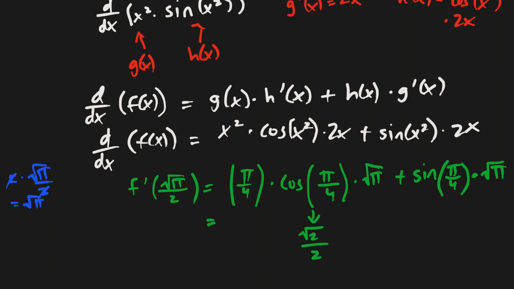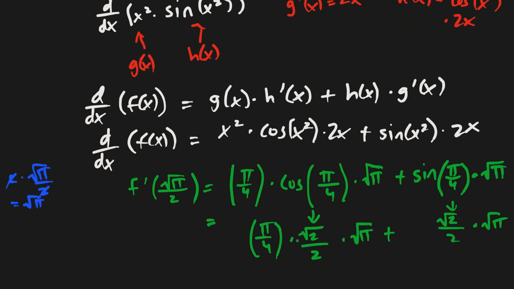So this right over here is also equivalent to the square root of 2 over 2. So that's what we have. We still have that pi over 4, and then times this times the square root of pi plus this stuff times the square root of pi once again.